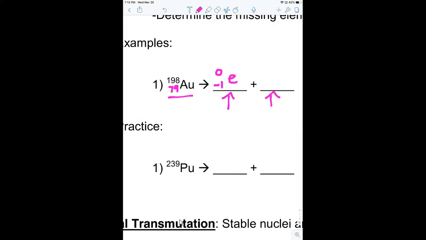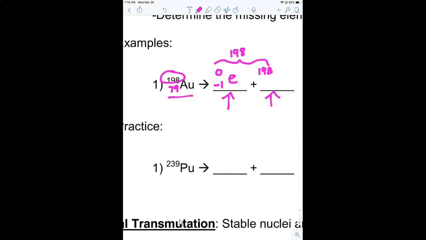You have to think about conservation of mass and conservation of charge. The gold on this side weighs 198. So that means these two particles need to have a mass of 198 together, because the left side and the right side have to weigh the same. So if the beta particle weighs 0, what does my other particle have to weigh? 198.